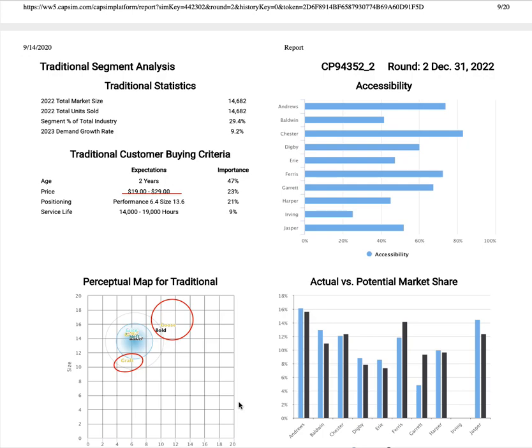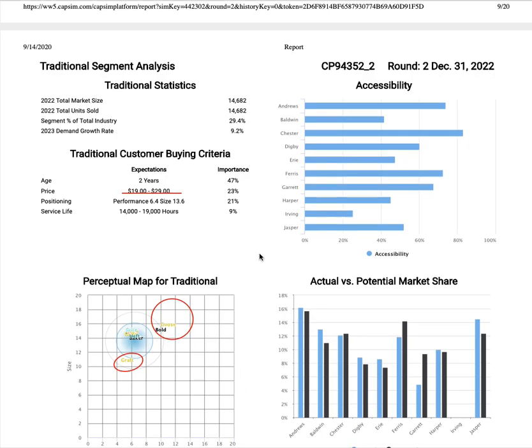Now, when we come to the market segment analysis, there are 5 markets: traditional, low end, and so on. I'm going to introduce every single segment. When you come to this chart, the most important thing is the customer buying criteria. In the traditional segment, customers focus more on age, right? It's 47% of the importance. It's 2 years, and the price is about 19 to 29.